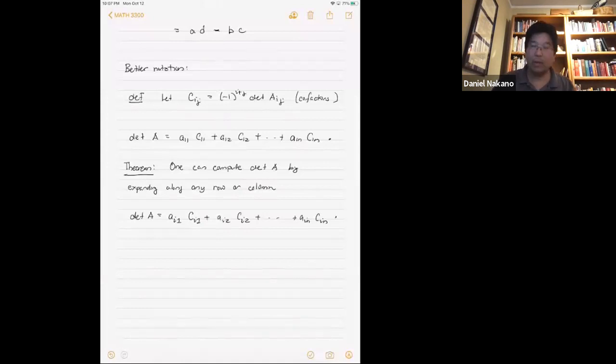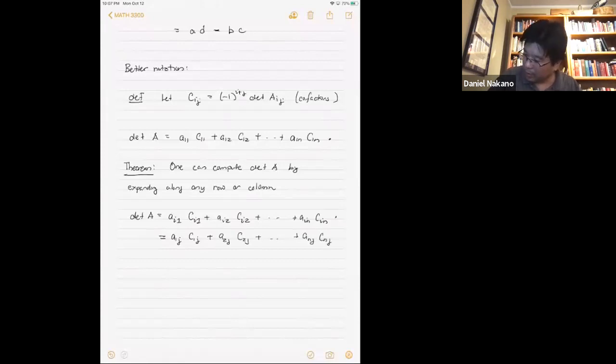Now, I can also expand along any column. So if I fix the jth column, I just expand along that column. So that's A1j C1j plus A2j C2j plus through Anj Cnj.